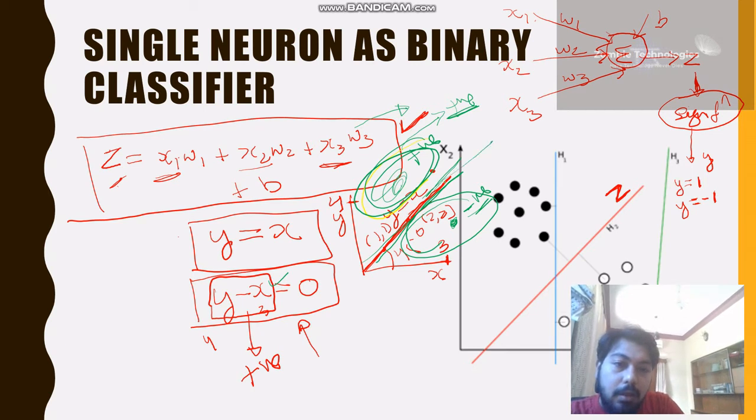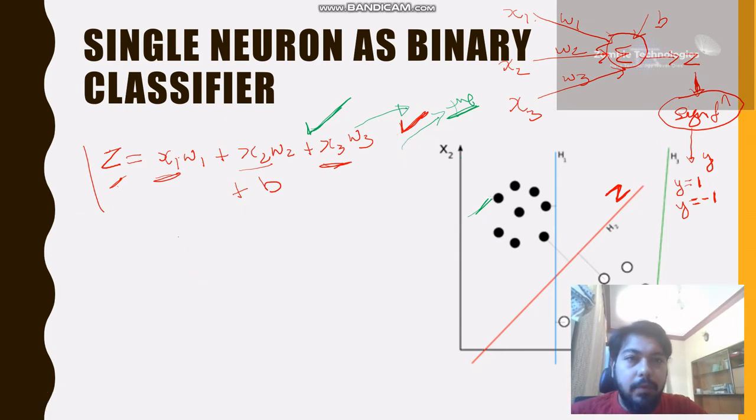So this is the simple property of a line which we just discussed. Now let's put it into the z value. So let's put it into this line.